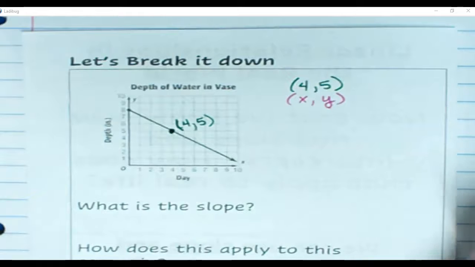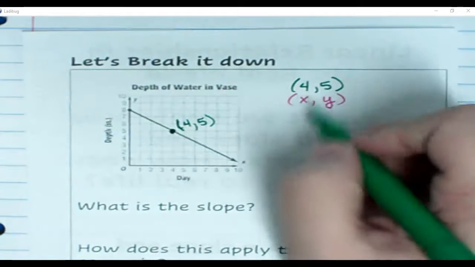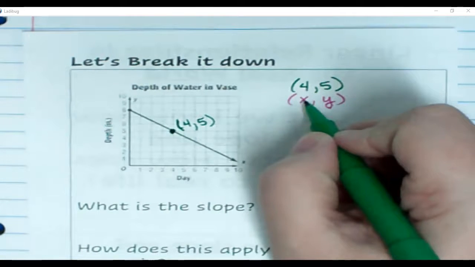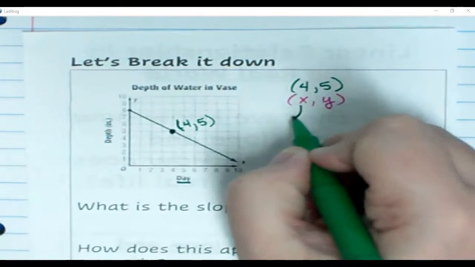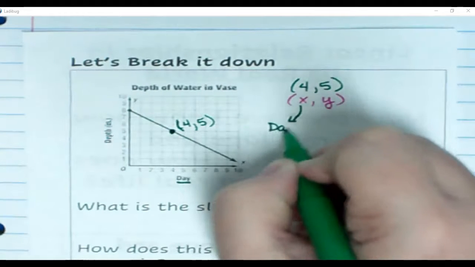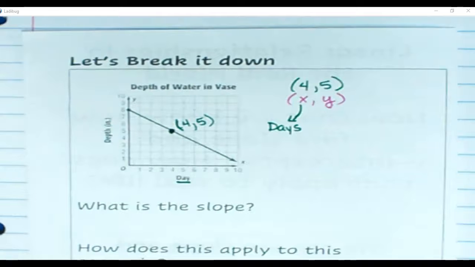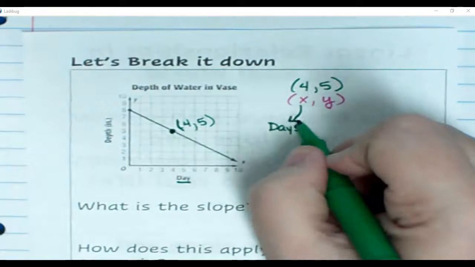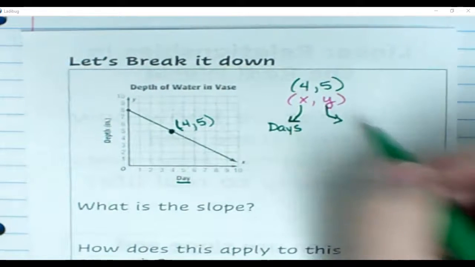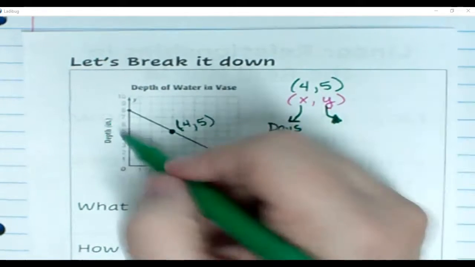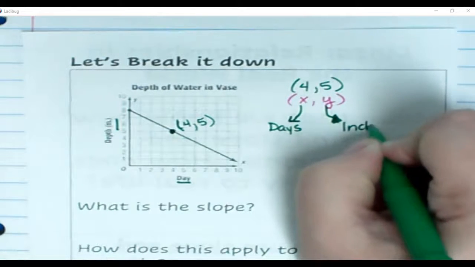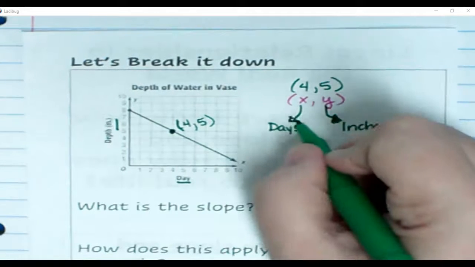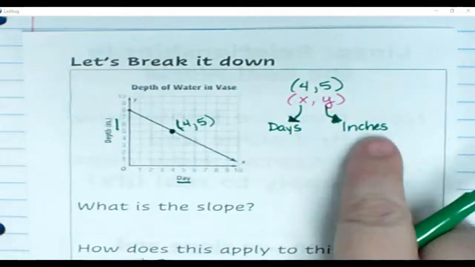Well, but what does that mean for this relationship? The x values are talking about the days, so we're going to be labeling that in days. Our y value is the depth, and specifically it's in inches. So we're talking about days and inches.